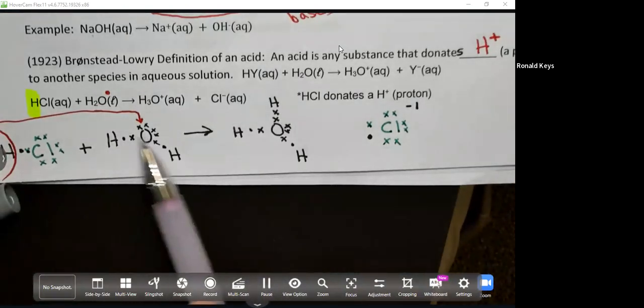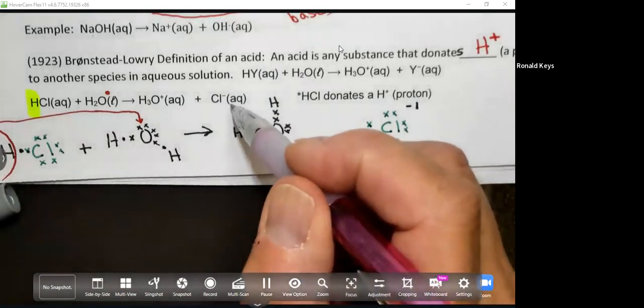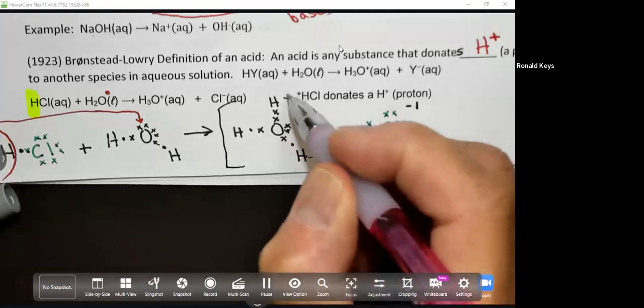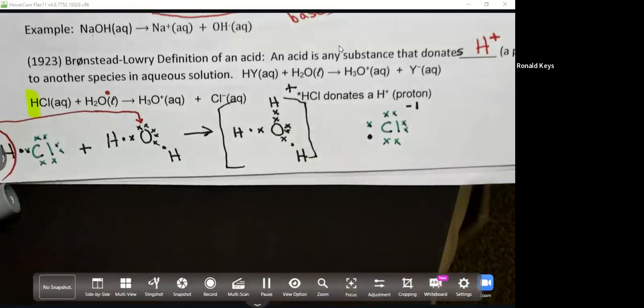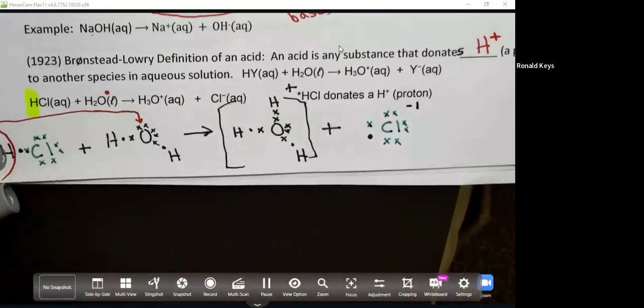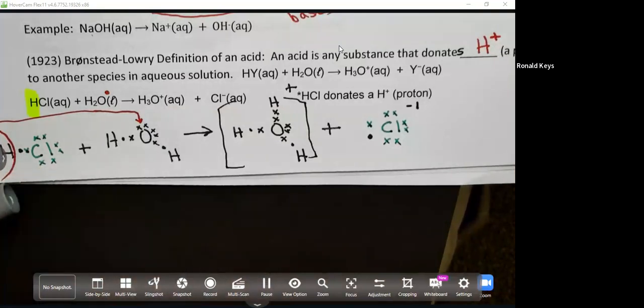Instead of neutral water over here, the water has taken on a proton, right? The water has taken on a proton, and what you'll see is brackets around this with a charge. For a strong acid, how many of these hydrogens are going to come off? 100%.